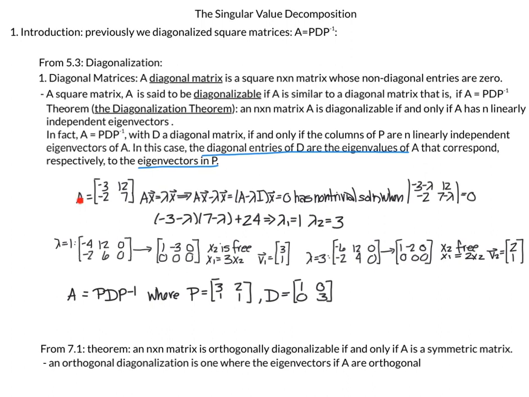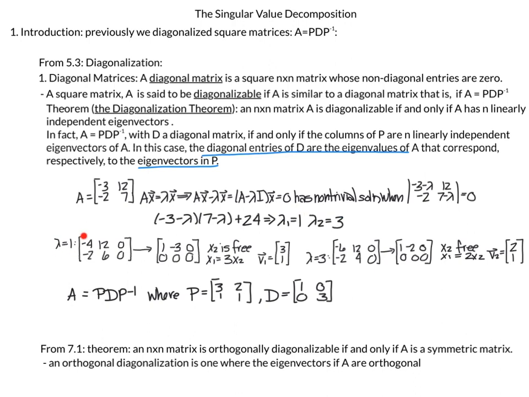So for example, if A is a 2 by 2 matrix with column vectors -3, -2 and 12, 7, we look at our eigenvalue eigenvector equation, which is A minus lambda I x equals 0. We find the determinant to give us the characteristic equation, and we find that our two eigenvalues are 1 and 3.